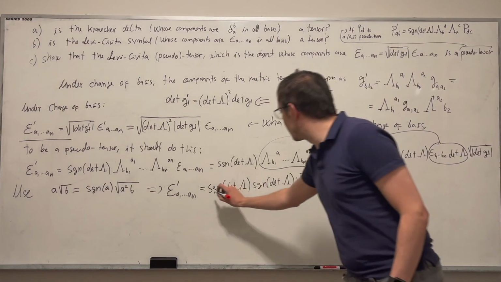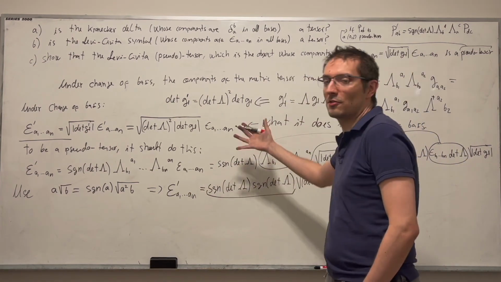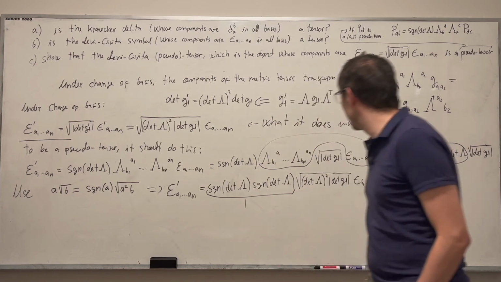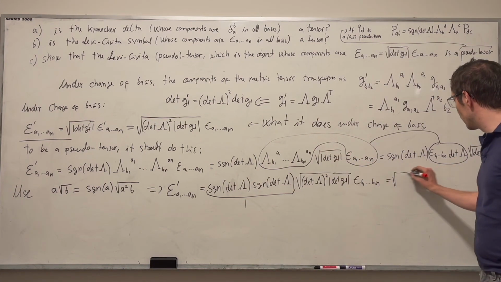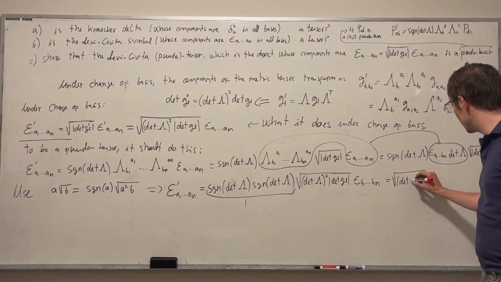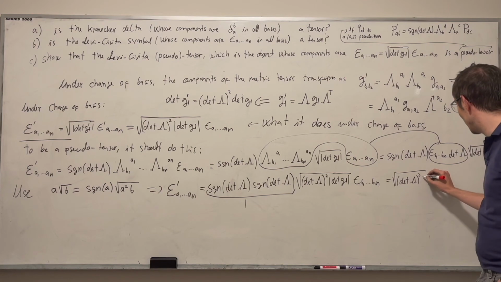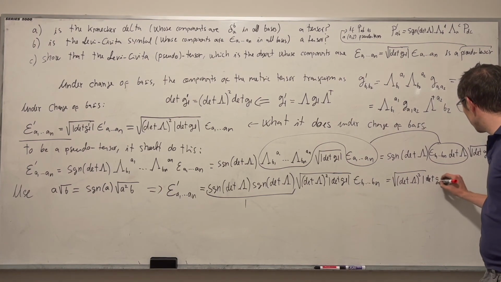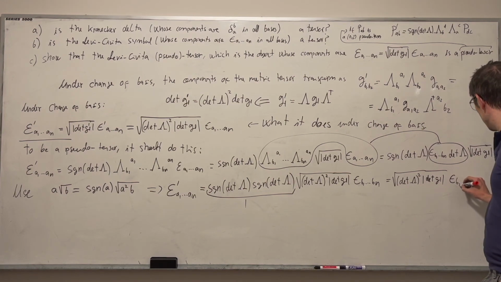Now, of course, the product of the sign of two copies of the same thing, the sign function squared, is 1. So what we found is that the transformation is the square root of the square of the determinant of lambda, so just the absolute value of the determinant of lambda, times the absolute value of the determinant of the metric tensor, and then the fully antisymmetric symbol b1, bn.